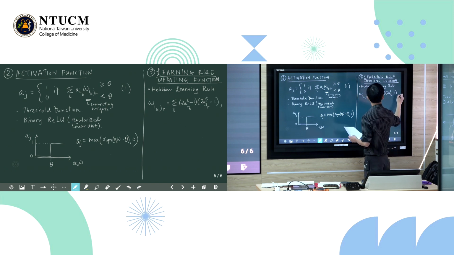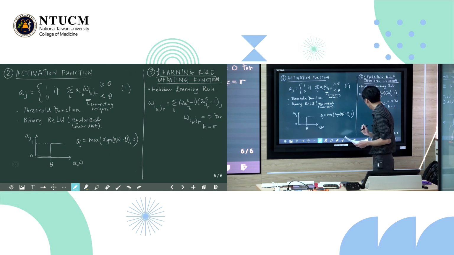And moreover, W_IKJR is equal to 0 for K equals R. We will call this equation 2.